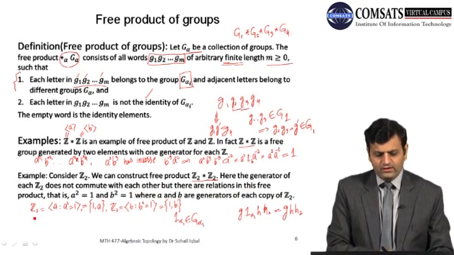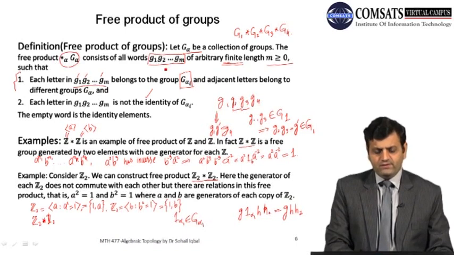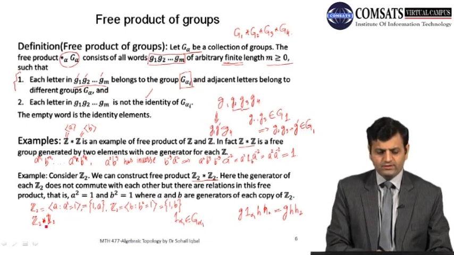So if we take the free product of Z2 with itself, this Z2 is generated by b, and this Z2 is generated by a. When we take the free product, we are not imposing any condition on the generators of different groups inside that free product.